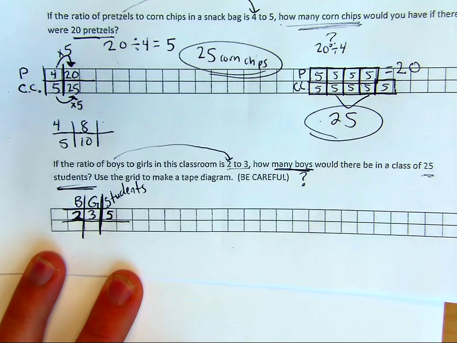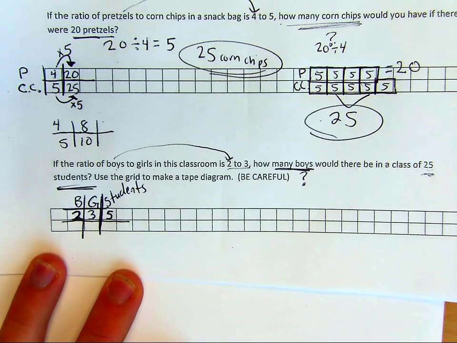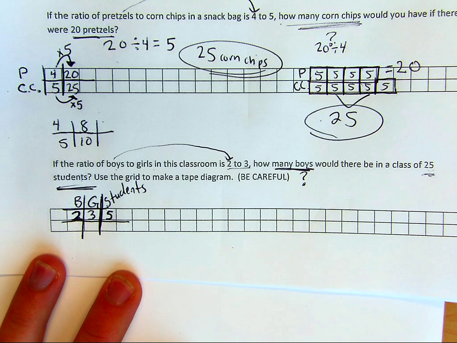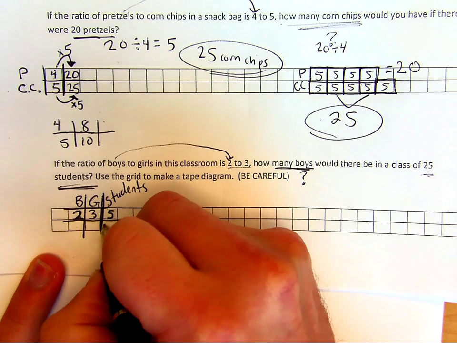So now that I have the organization, where would my 25 students go? Tina, where do you think the 25 students would go? Underneath the students, right? Because they're students.